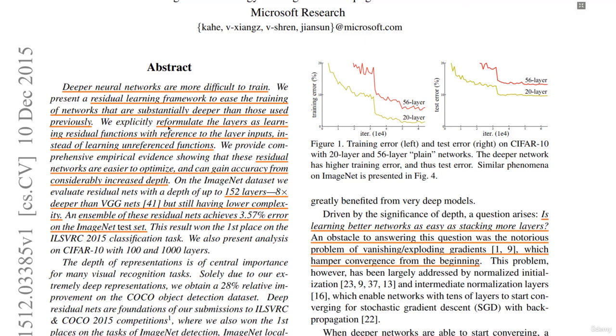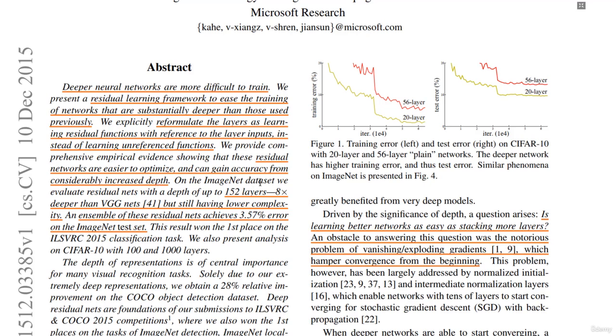We explicitly reformulate the layers as learning residual functions with reference to the layer inputs instead of learning unreferenced functions. We provide comprehensive empirical evidence showing that these residual networks are easy to optimize and can gain accuracy from considerably increased depth.